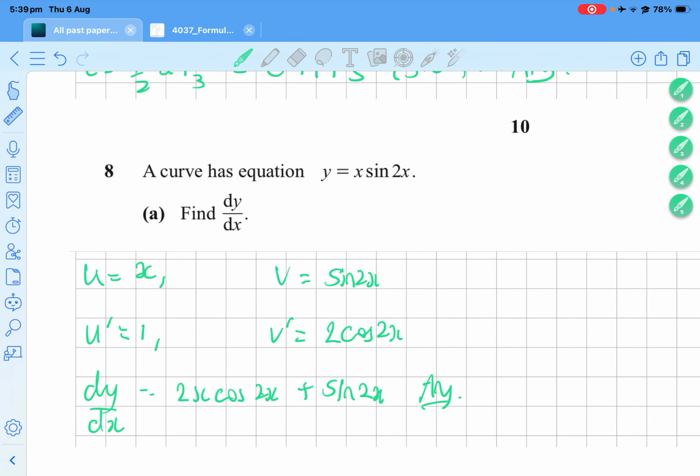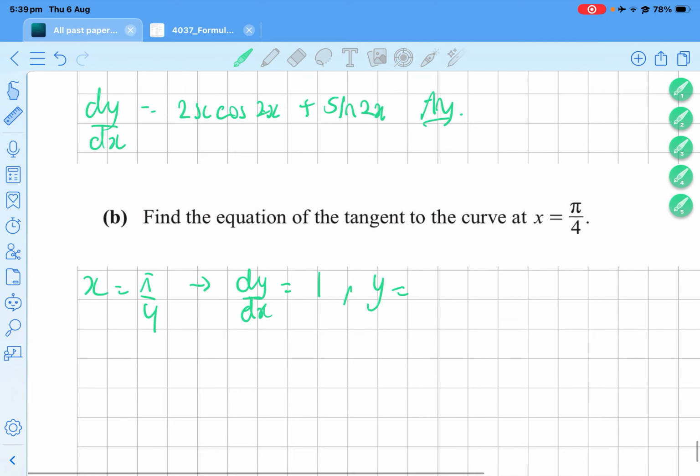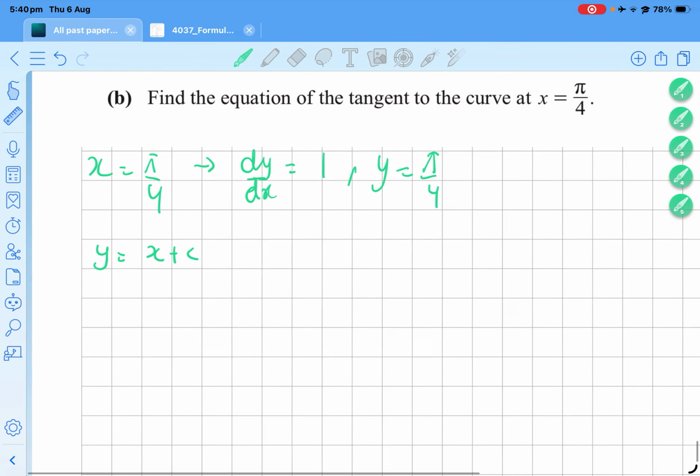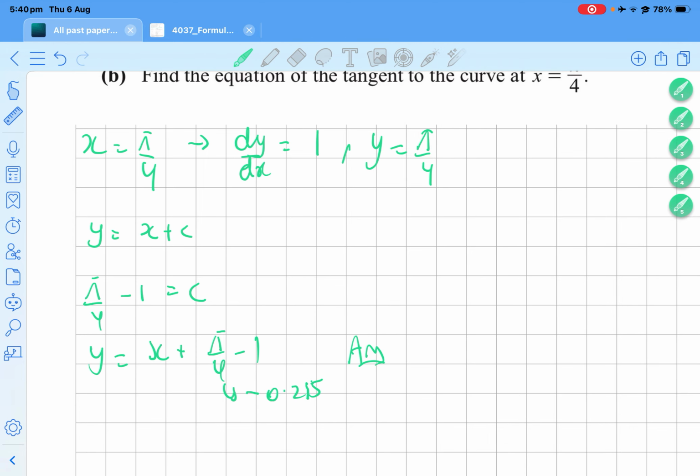Sine of pi by 2 is again 1, so it should be pi by 4. So y is equal to x plus c, and pi by 4 minus 1 is equal to c. So y is equal to x plus pi upon 4 minus 1, and pi upon 4 minus 1 is minus 0.215 to 3 significant figures.